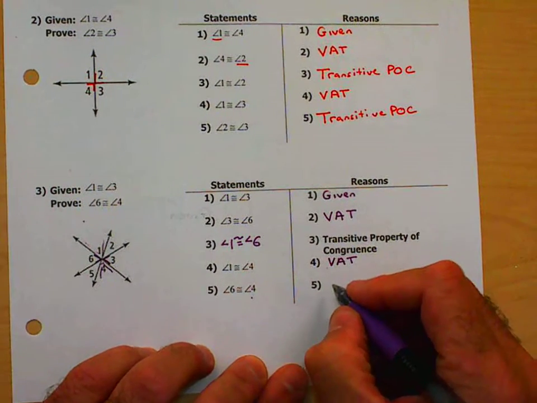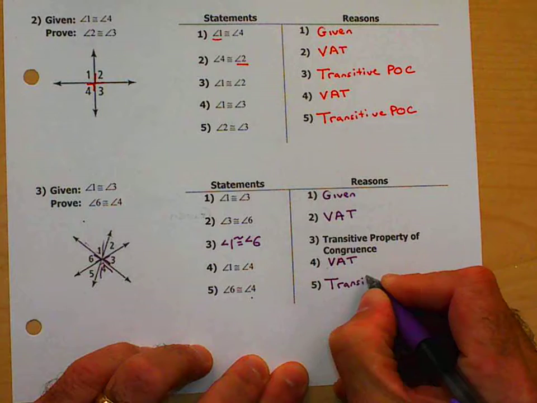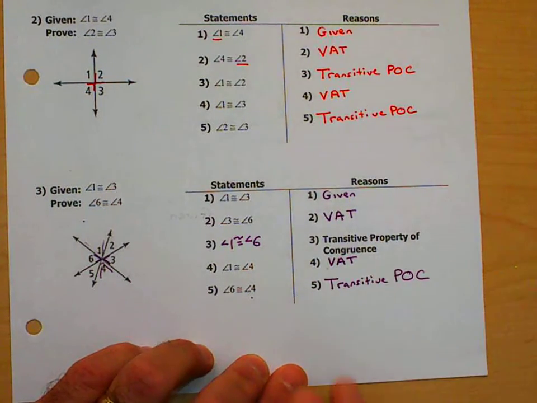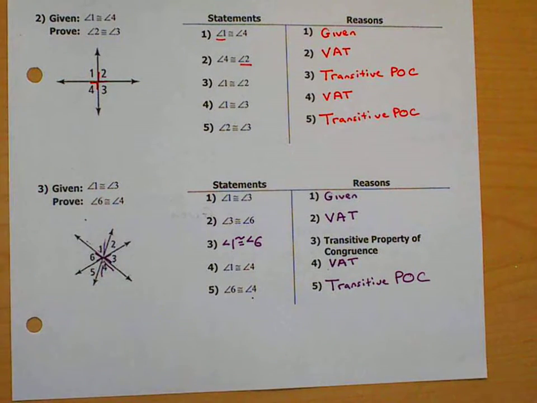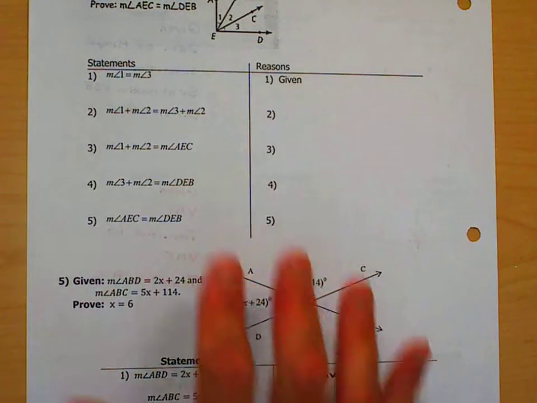This is a transitive property of congruency. So that was 1, 2, and 3 on that side. We have 2 problems on the other side. Go on to number 4.